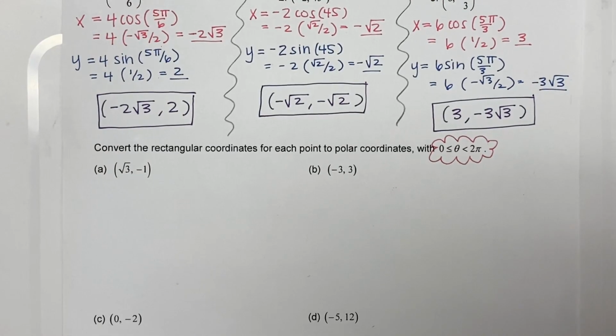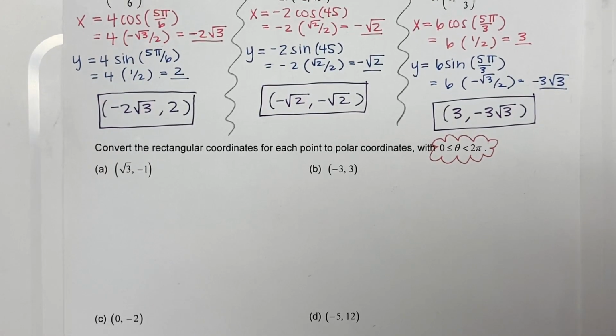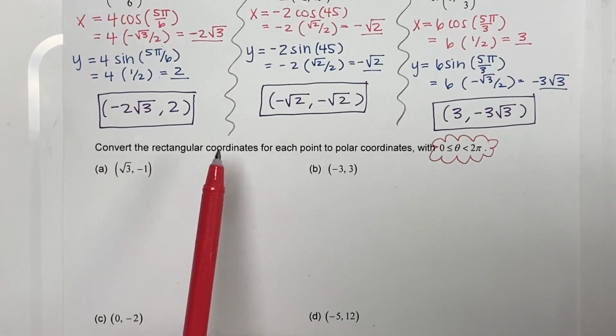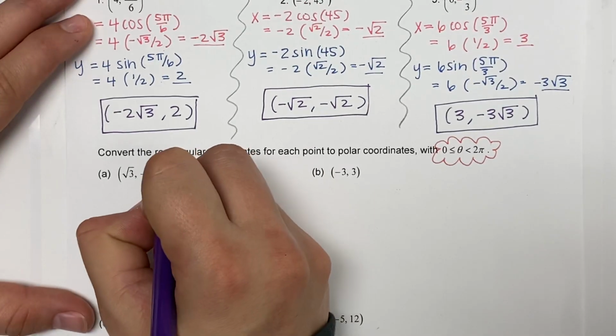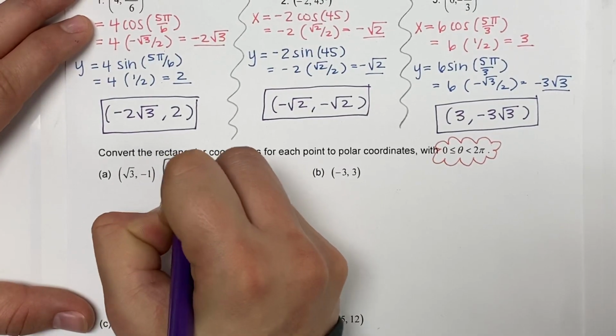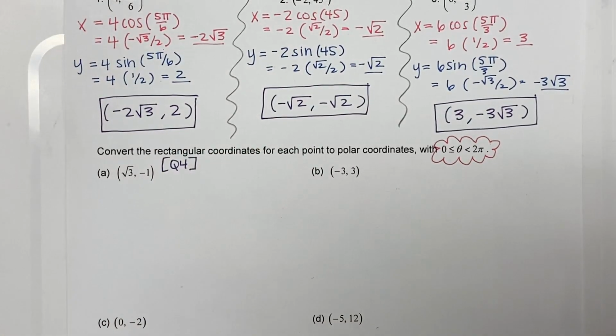So letter A. Let's find the radius. Oh, let's figure out what quadrant we're in. So x is positive, y is negative. So that means we go right and down. So that's going to be in quadrant 4. Okay, right now this is x and y. I'm turning into r and theta.